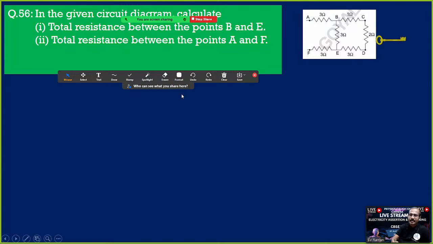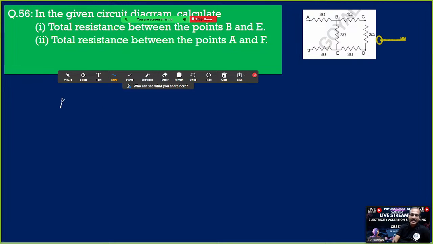Now in this picture you can see A to B 3 ohms, B to C 1 ohm, C to D 2 ohm and D to E 3 ohm they have connected. And B to E again they connected 3 ohms. E to F 3 ohms. So this is the way the circuit is given. Total resistance between B and E they are asking.